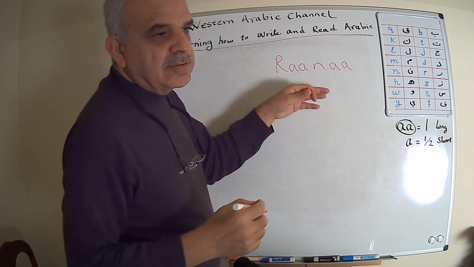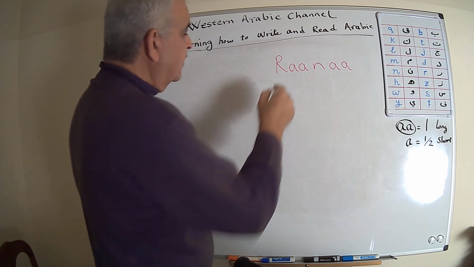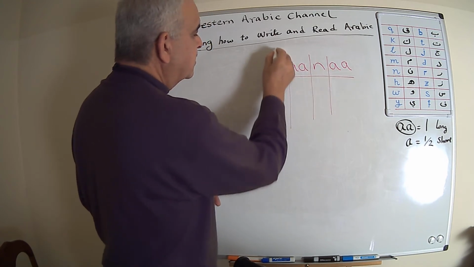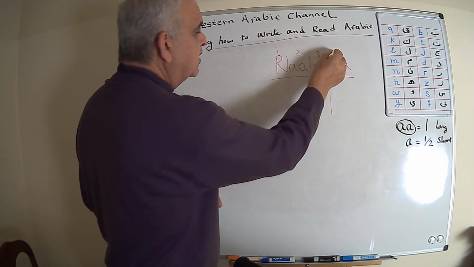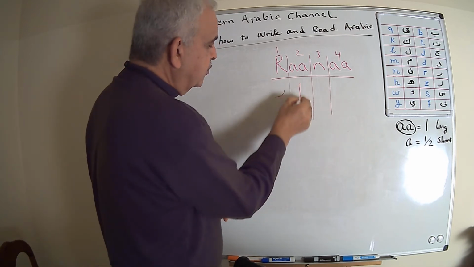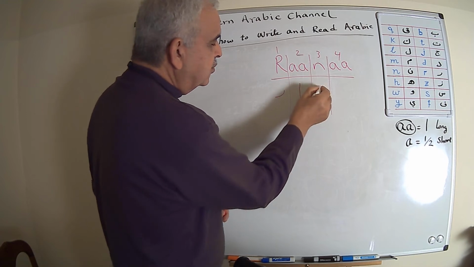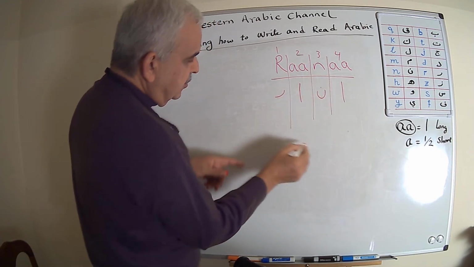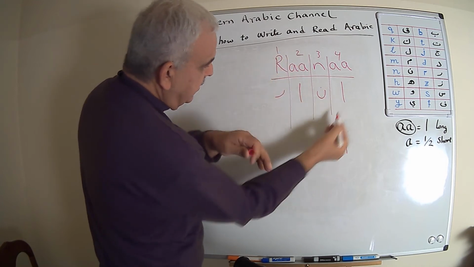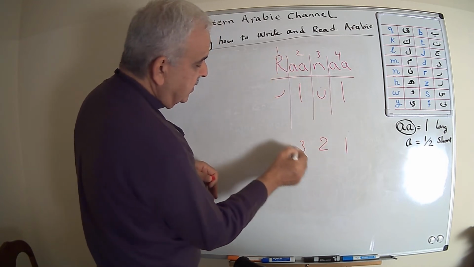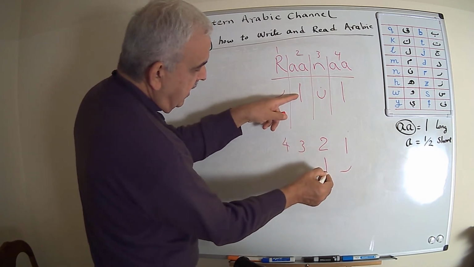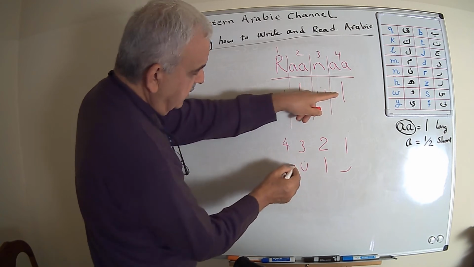Then we wrote the first Rana, and let's see the other name, Rana. This is also a girl name. If we divide that into components, sounds, this is number 1, 2, 3, 4. This is Ra. This double A is equal to a sound, and this is Noon, and this is a. So if we write it in Arabic, because we write from right to left, it will become 1, 2, 3, 4: Ra, Alif, Noon, and Alif.